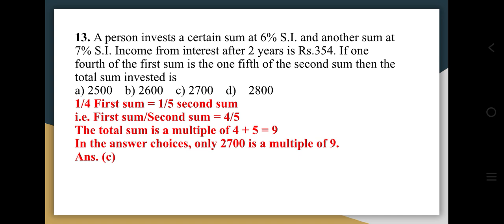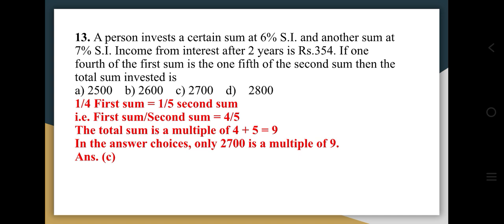So 4 by 5. So first sum by second sum is 4 by 5. So the ratio of the first sum to the second sum is 4 to 5. So the total sum has to be a multiple of 4 plus 5, that is 9.